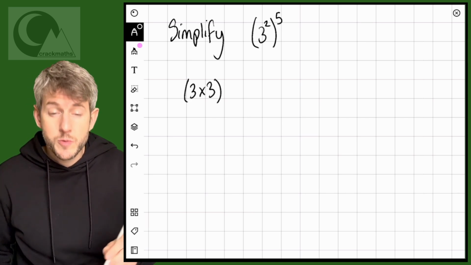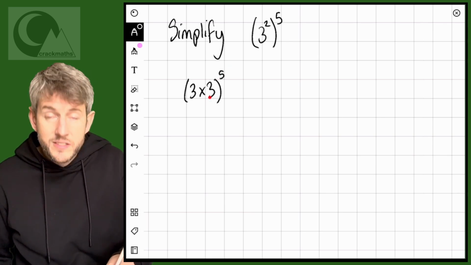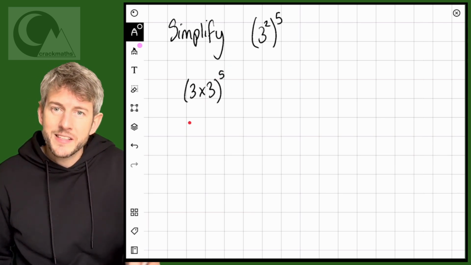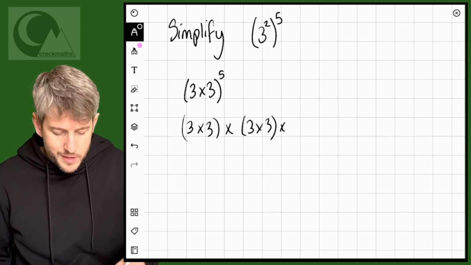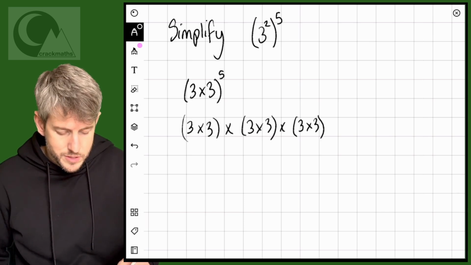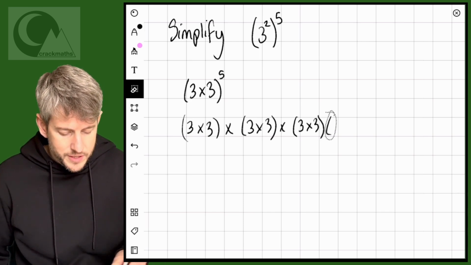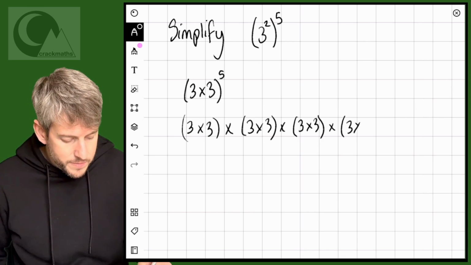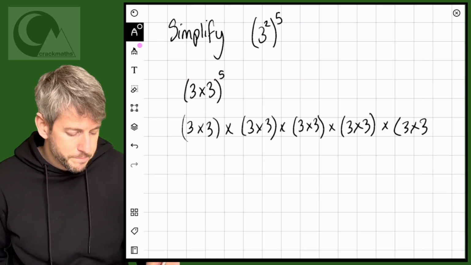So what we have here is 3 times 3 to the power of 5, which means 5 lots of this times itself. So this is going to be 3 times 3 for one time, 3 times 3 for another time, 3 times 3 for another time, 3 times 3 for the fourth time, and times 3 times 3 for the fifth time.